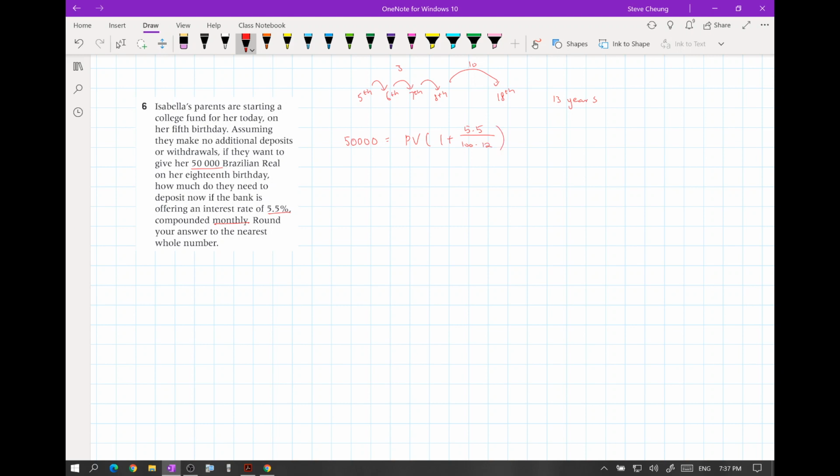So I need to divide by 12, put 12 up here. And we want this to be 13 years. So again, we will just take the ratio of the left and the multiplying factor. 12 times 13 should be 156.